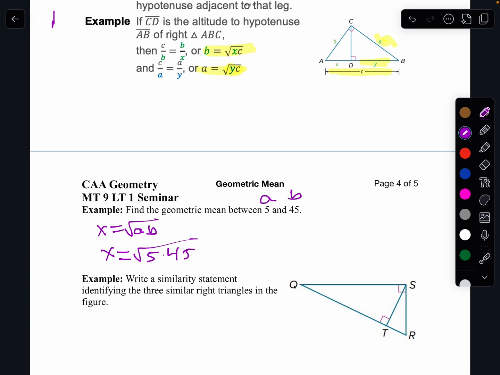Well, if I take 5 times 45, notice that is 225. And if I take the square root of 225, X is 15. We're in geometry, so we don't worry about the negatives. It's just 15. It's not plus or minus 15.